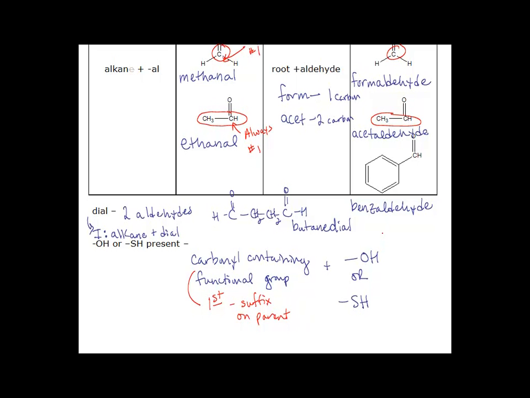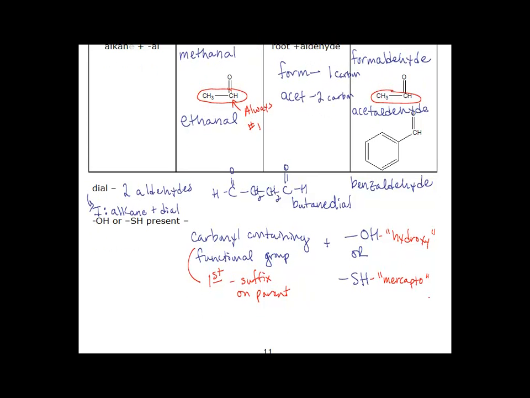So OH in the presence of a carbonyl containing functional group will be called hydroxy. And SH in the presence of a carbonyl containing functional group will be called mercapto. So anytime you have OH or SH present with a carbonyl containing functional group, the OH or the SH is called the way we learned it in Unit 3. We'll see some examples of this if that doesn't completely make sense.